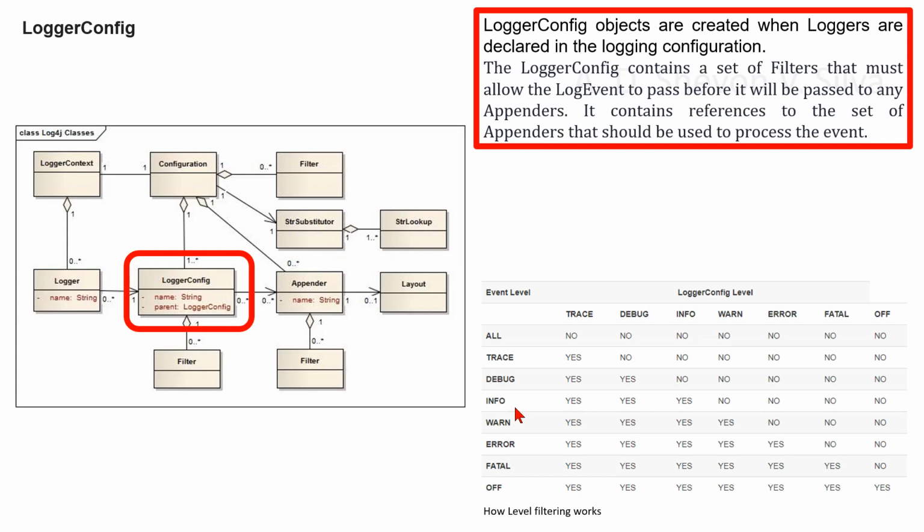Info, an event for informational purposes. Warn, an event that might possibly lead to an error. Error, an error in the application, possibly recoverable. Fatal, a fatal error that will prevent the application from continuing. Off, no event will be logged.